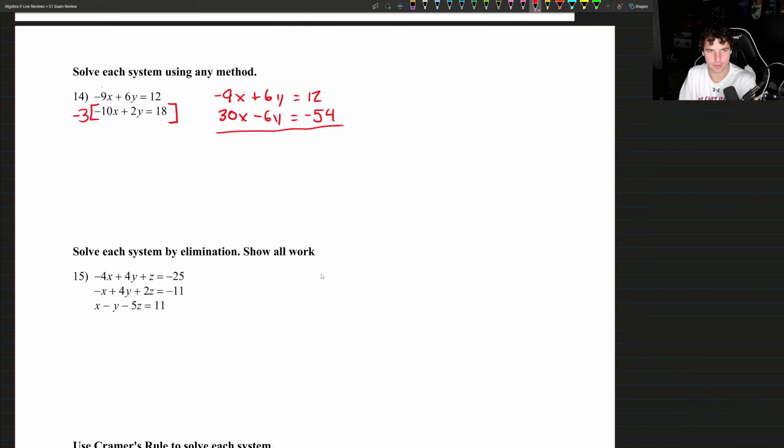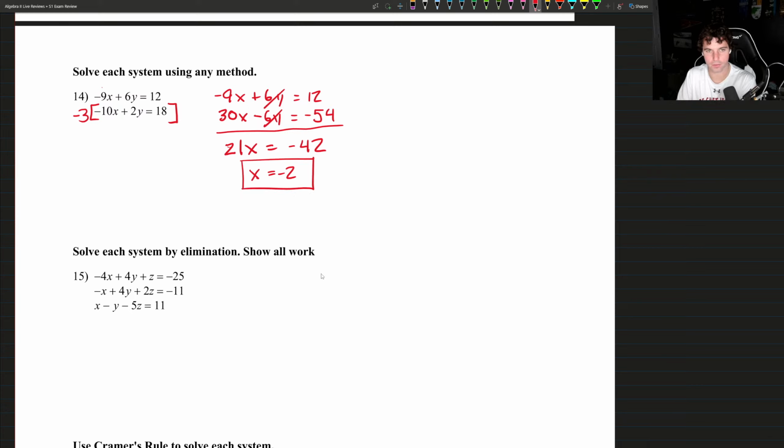So 6y plus negative 6y is just 0. We get 21x is equal to negative 54 plus 12, which is negative 42. Divide by 21, and you get x is equal to negative 2.